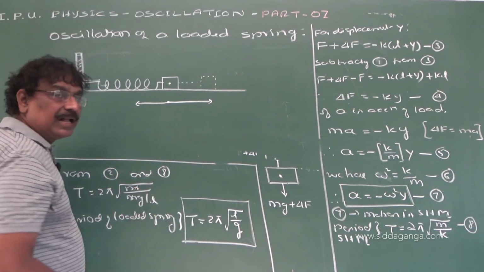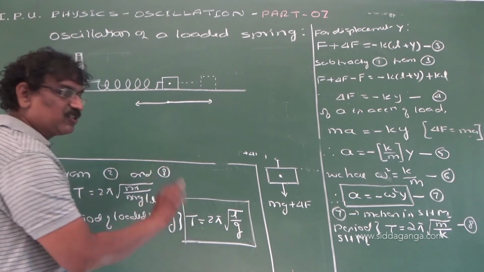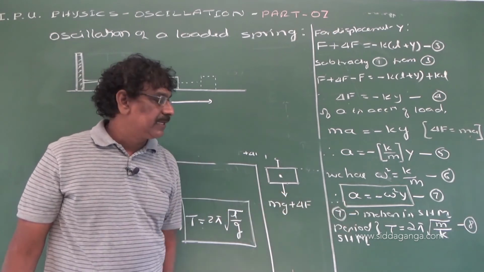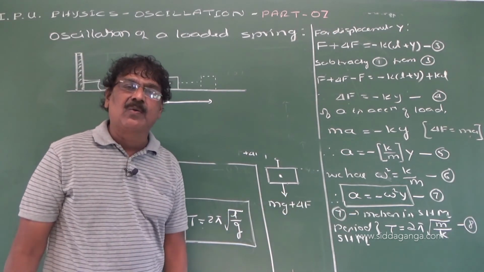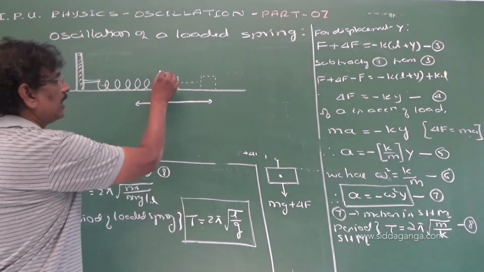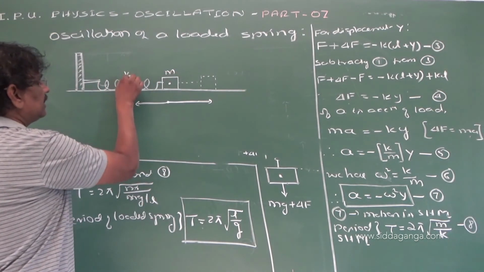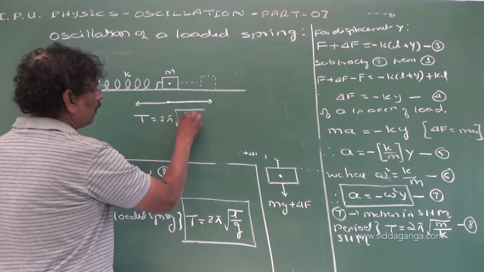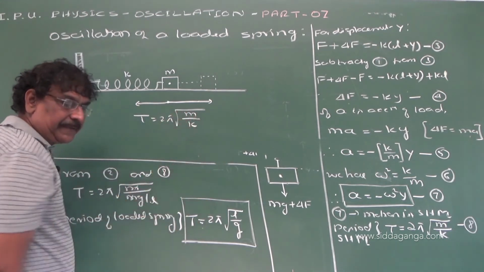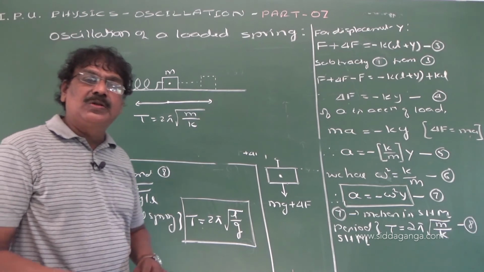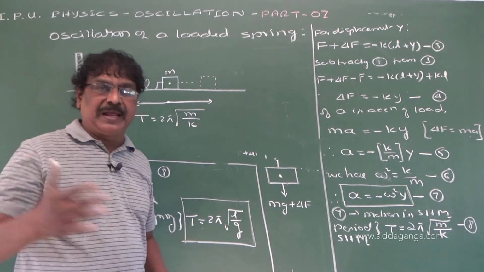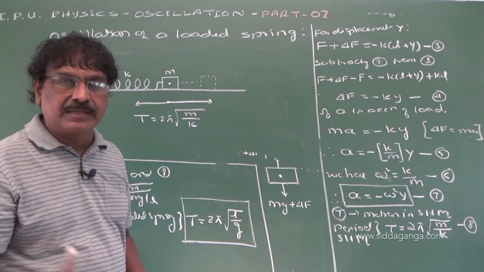In this case also this equation holds good. I mean, we can directly take T is equal to 2 pi into square root of M by K. Here this is M, this is K. This equation holds good even for a loaded spring oscillating in the horizontal direction.